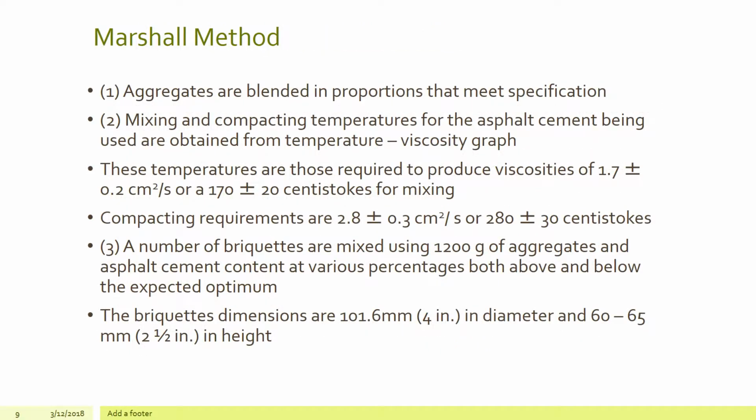If we look at the Marshall method, aggregates are blended in proportions that meet, of course, the specifications. Mixing and compacting temperatures for the asphalt cement being used are obtained from temperature-viscosity graphs.